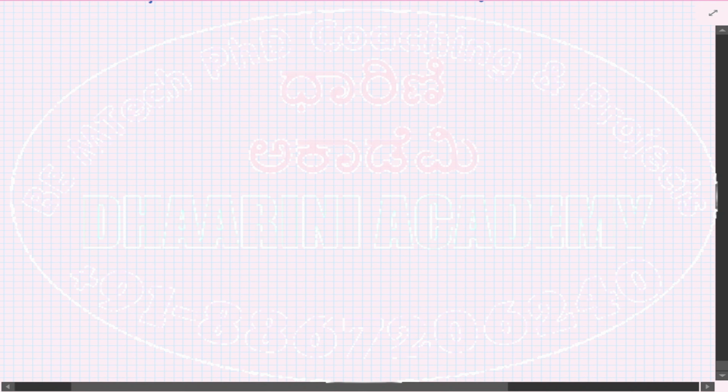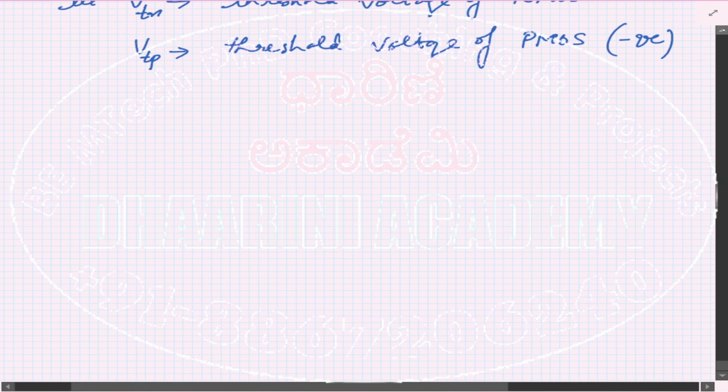Now, what are the regions and what are the values of voltages that need to be applied for each of the devices? We just have to understand that first. Let's write it for NMOS. We already know this, but let's write it.